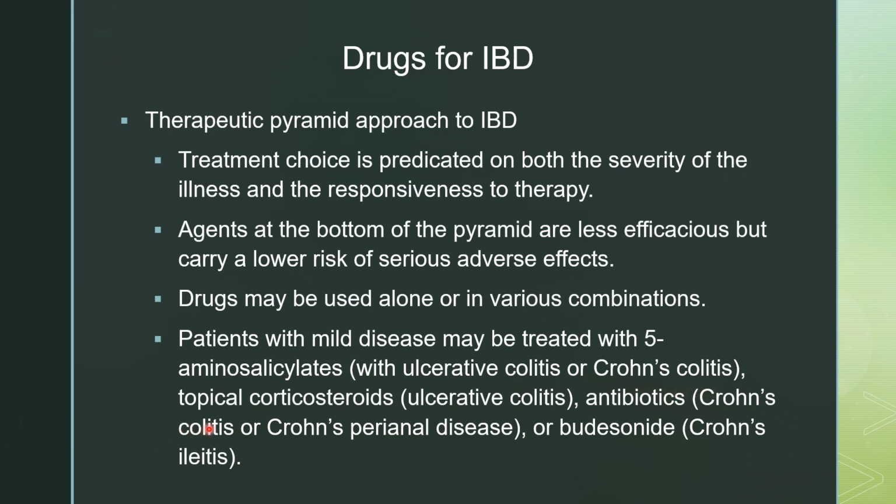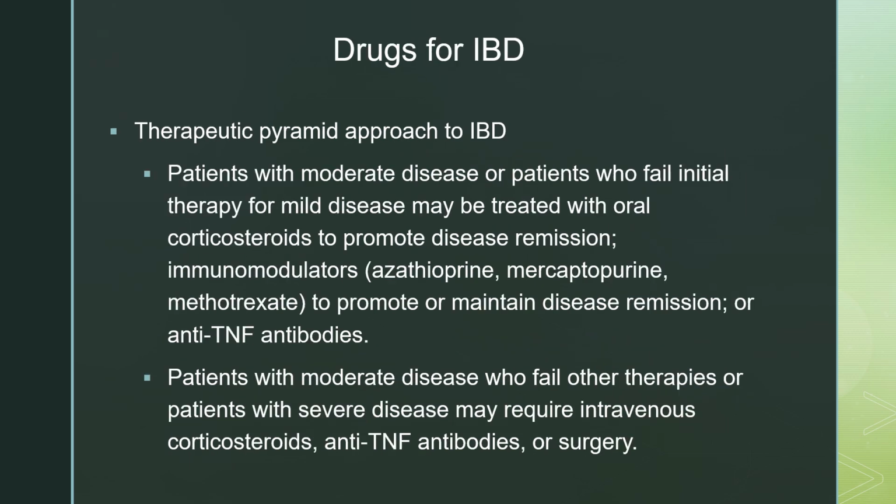You can also use topical corticosteroids for ulcerative colitis, antibiotics for Crohn's colitis or Crohn's perianal disease, or budesonide for Crohn's ileitis. Patients with moderate disease or patients who fail initial therapy for mild disease may be treated with oral corticosteroids to promote disease remission.